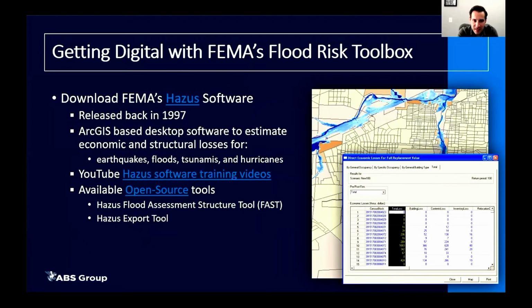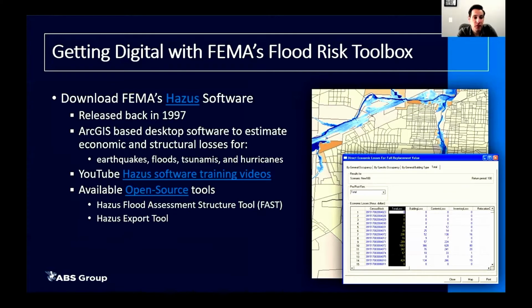So moving on to our last topic: FEMA also does produce software. It's typically a lot of data or viewers, but software is something FEMA does have and does maintain. The most widely known one is FEMA's Hazus software. It started back in 1997, and it is software that is public but does require access to ArcGIS desktop software.